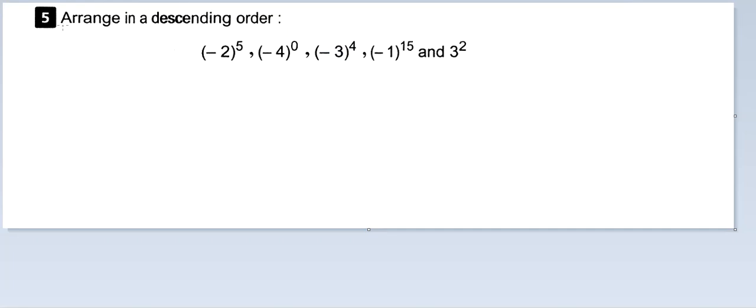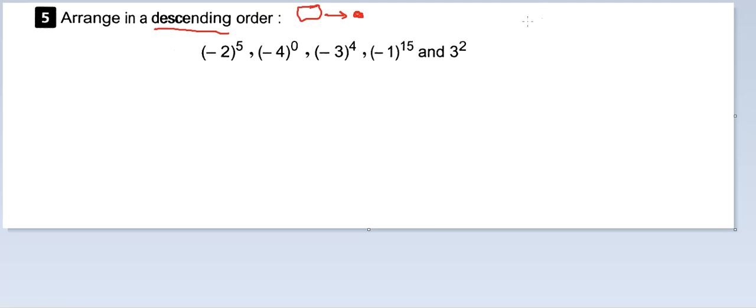Question 5. He said arrange in descending order. What's the meaning of descending order? From greatest to smallest. First we must find the values.